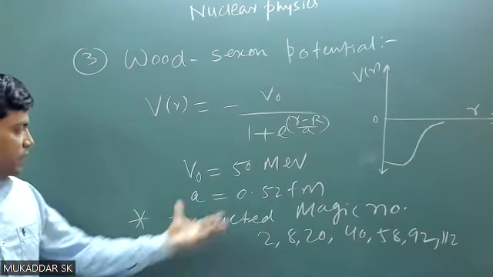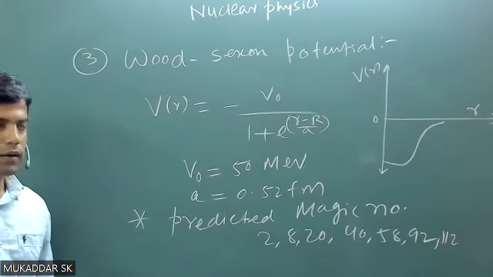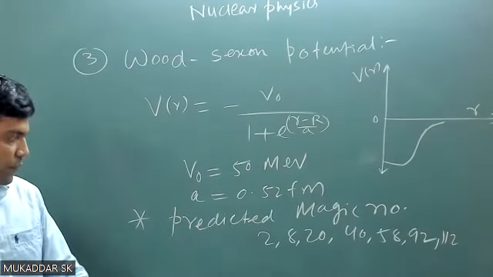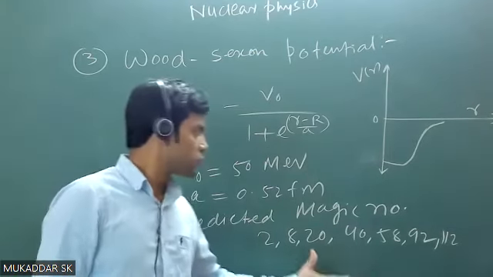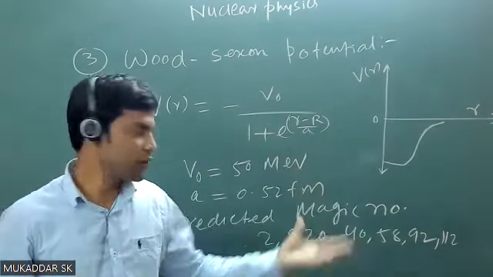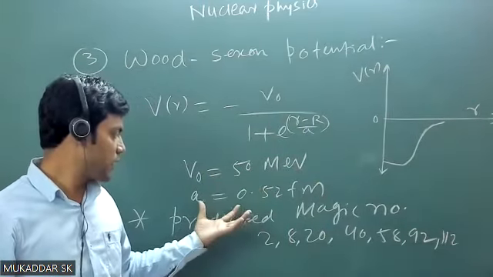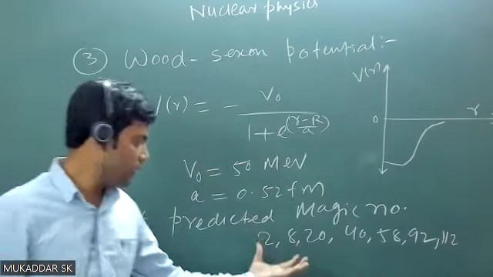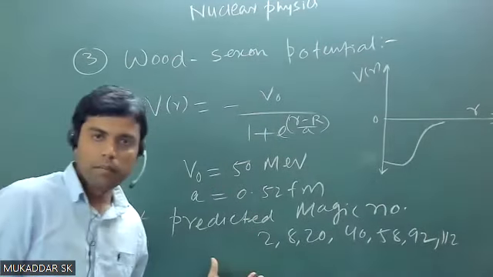Okay, and these are the values they have taken for the prediction of these magic numbers. So they are inserting this central potential in the Schrodinger wave equation, and they are taking V naught and a values like this, and they are predicting these magic numbers.